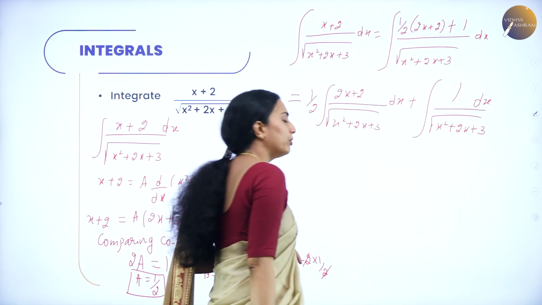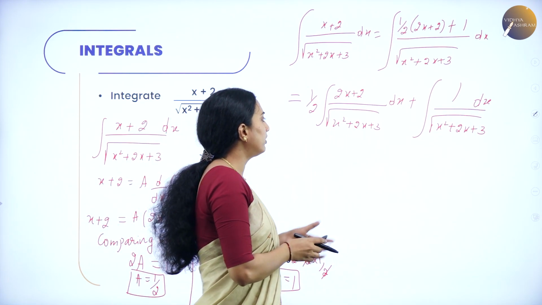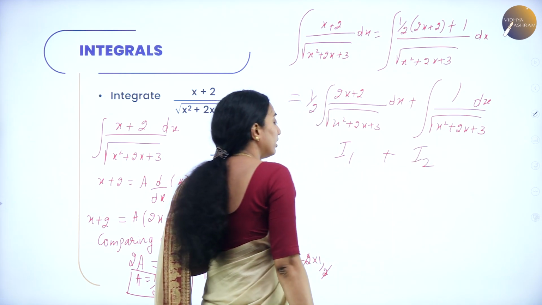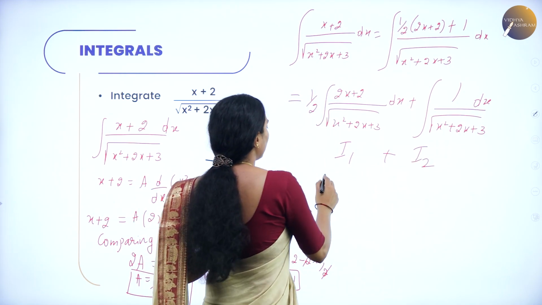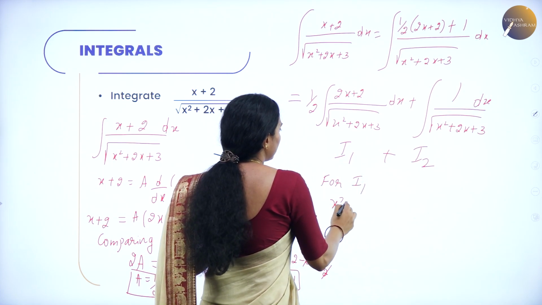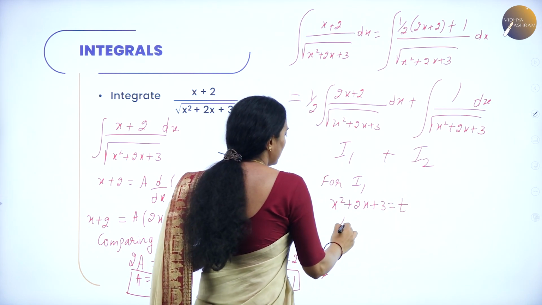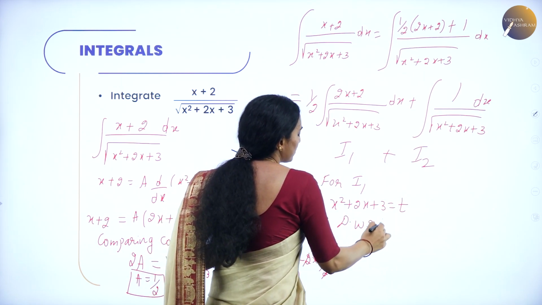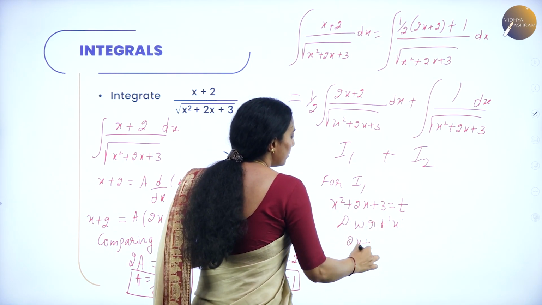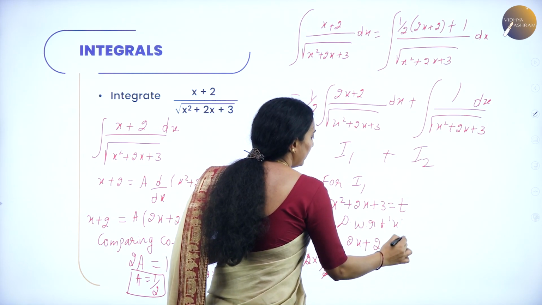Okay, I hope you got this one. Now this is I1 plus I2. For I1, I am taking x squared plus 2x plus 3 equal to t. Differentiate this with respect to x. Differentiation of x squared is 2x plus differentiation of 2x is 2, equal to dt by dx.